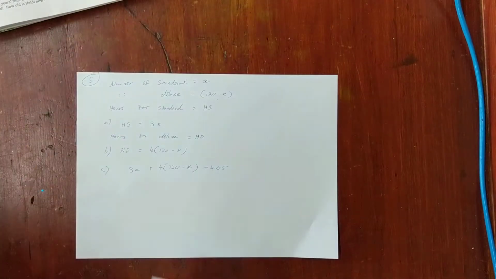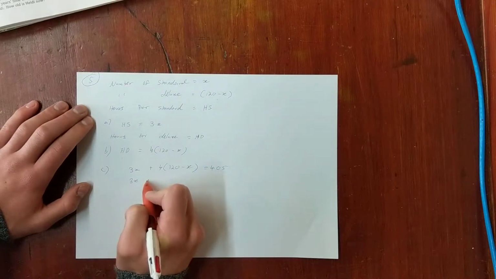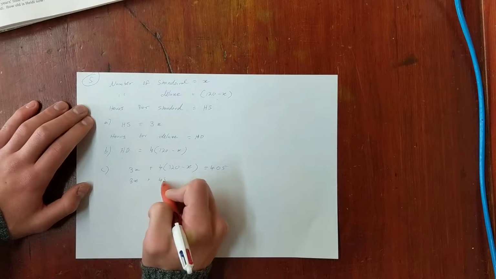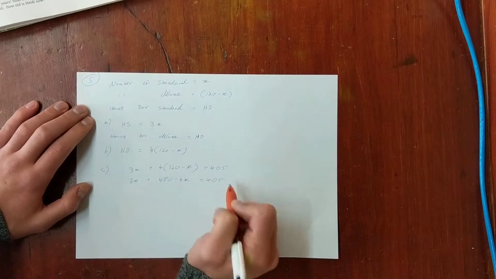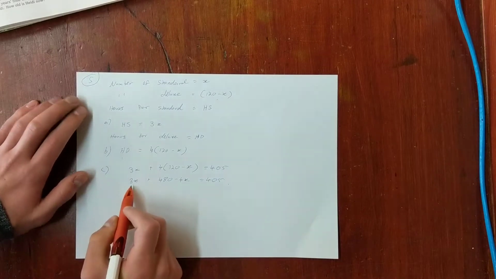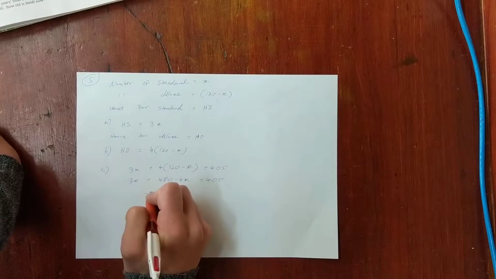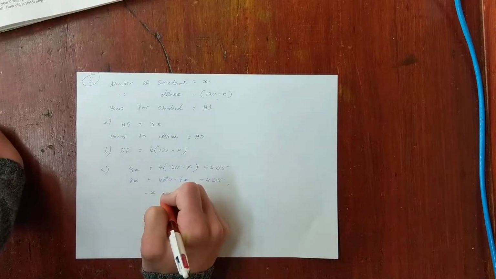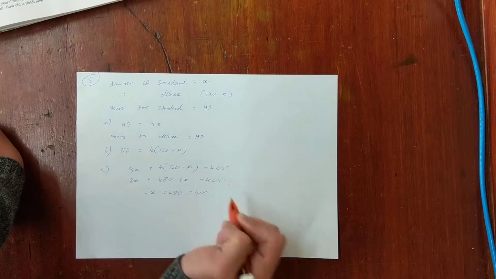Now let's go step 3, solving the equation. I'm going to start by expanding that bracket. Okay, now I'm going to combine my like terms. So if I start with 3x's and I take away 4, I end up with negative x plus 480 equals 405.